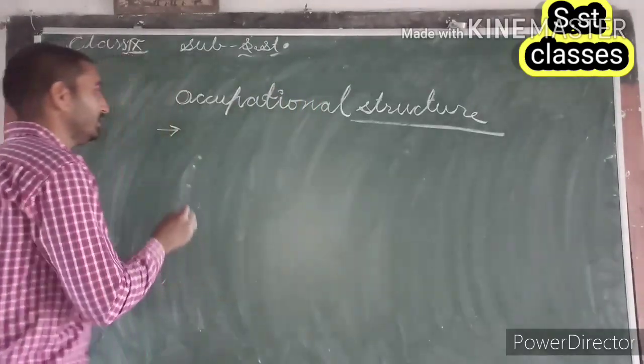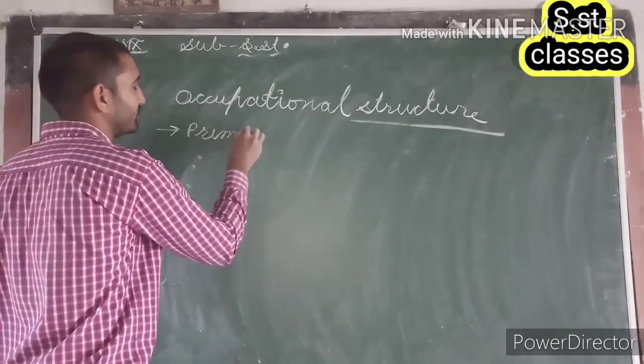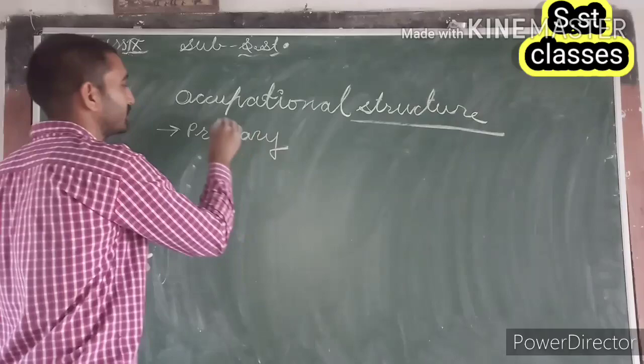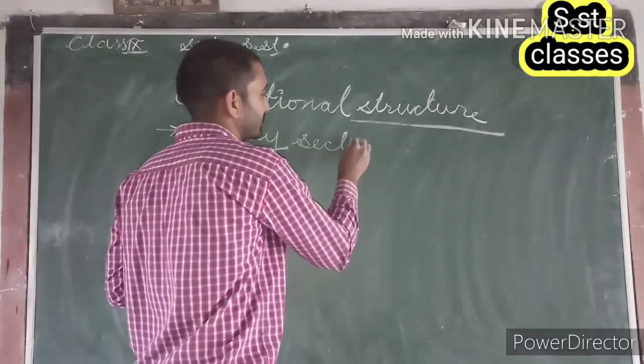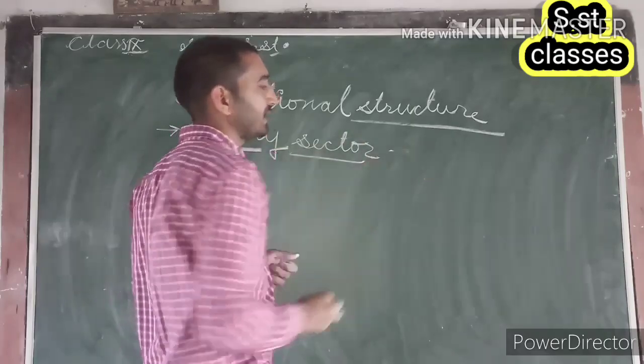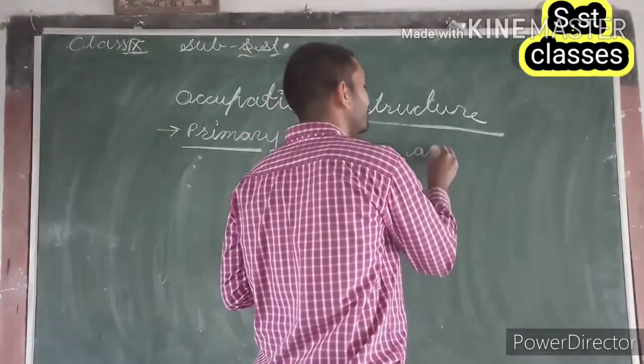Here we have three major sectors in which people get occupation. First of all, the first sector is the primary sector, and this sector is related with agricultural activities.